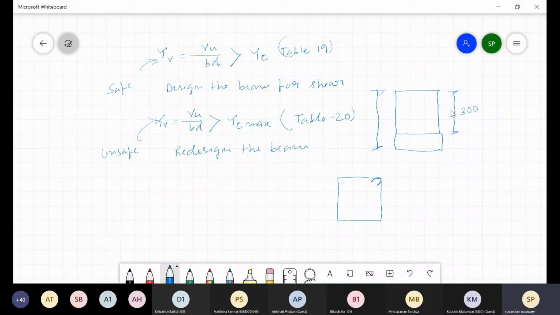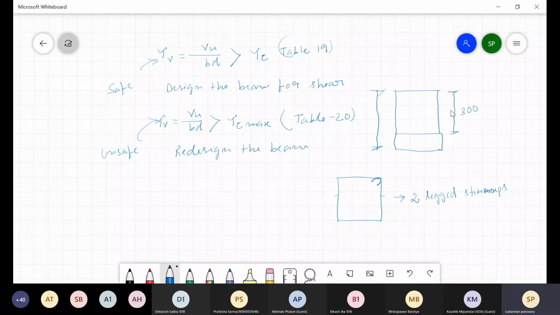So this is called your two-legged stirrup. That means this one leg and this other leg. These two are considered as legs.